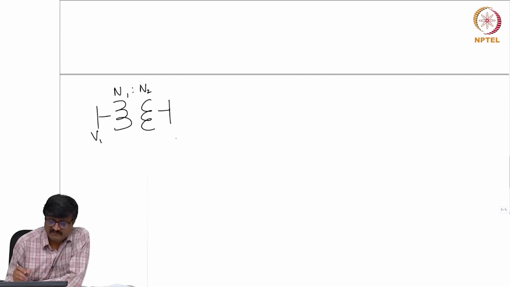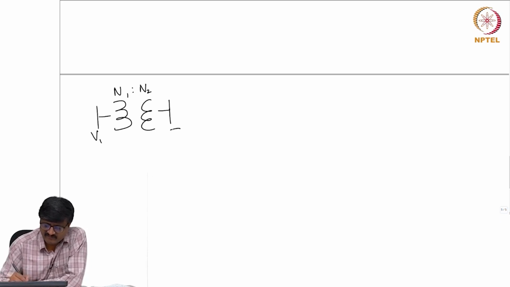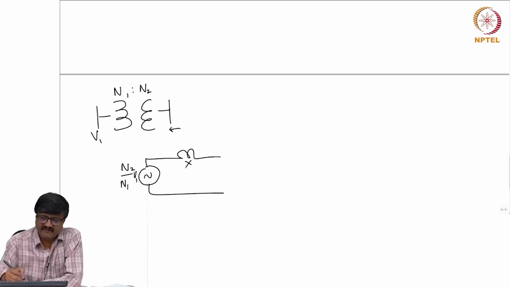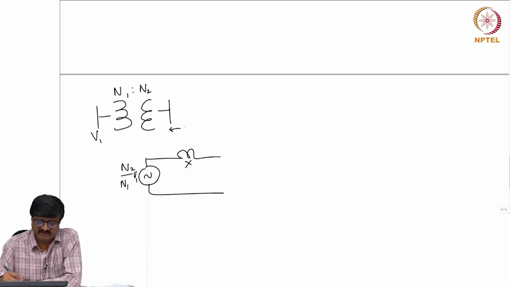When you look from this side, it is a voltage source in series with a reactance, which is N2 by N1 V1, and a reactance.